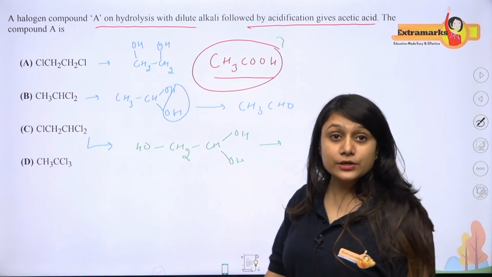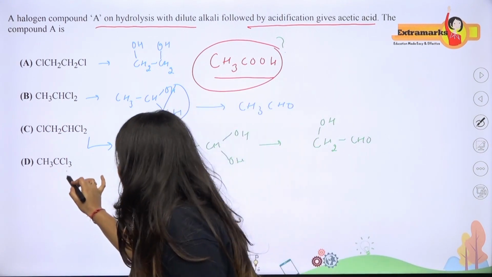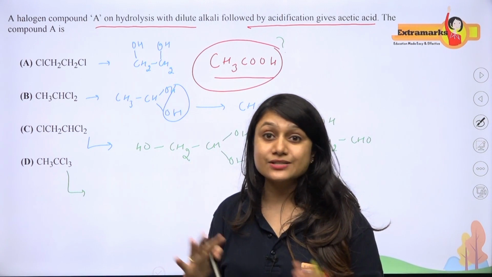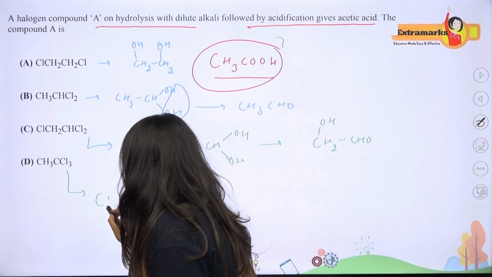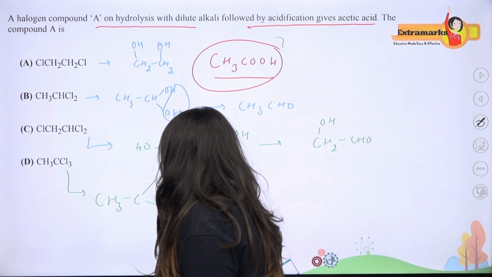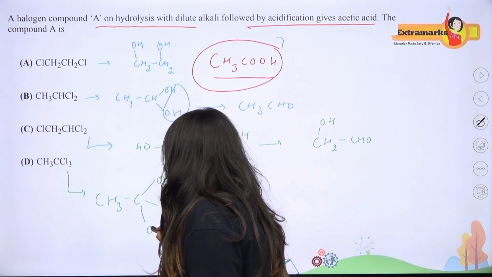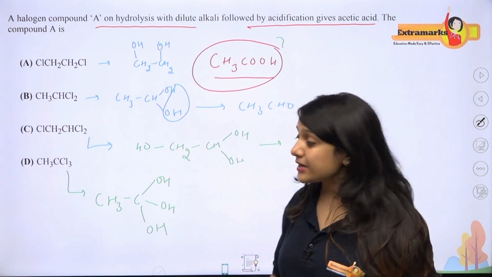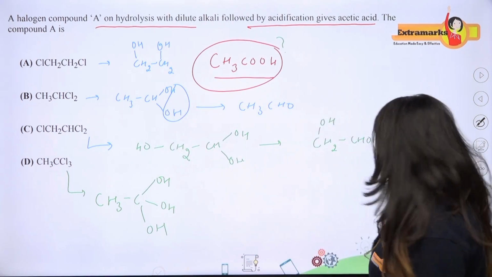Now coming to the D option. There are 3 chlorines, and all 3 are going to be replaced with OH. So CH3, C, with 3 chlorines replaced by 3 OH. Just now I told you that two OH on a carbon are not stable. Still there are 3, so again they are not stable.